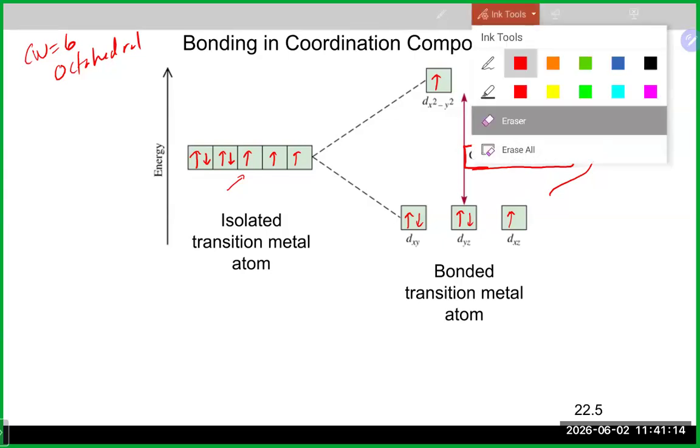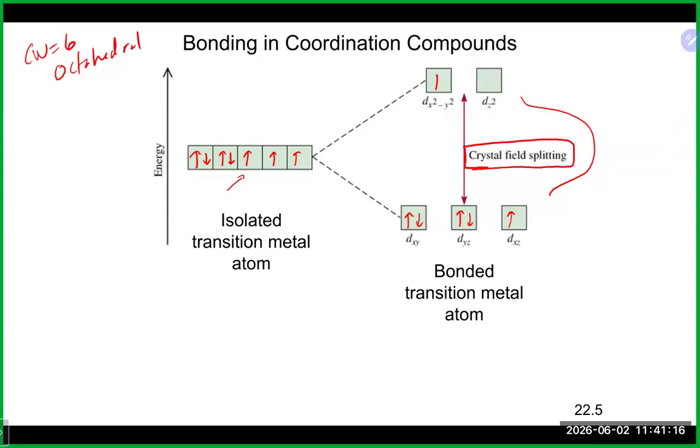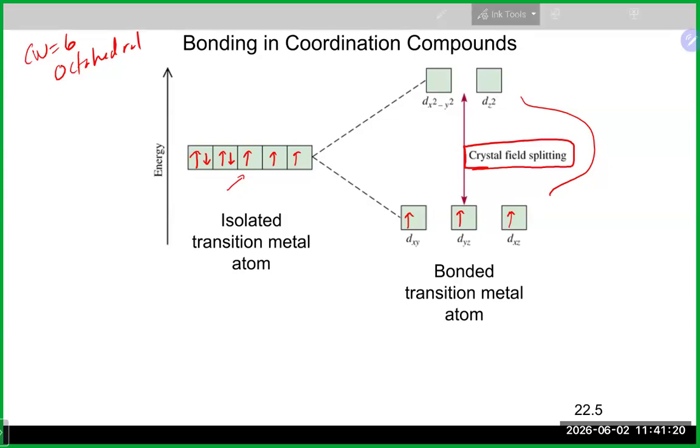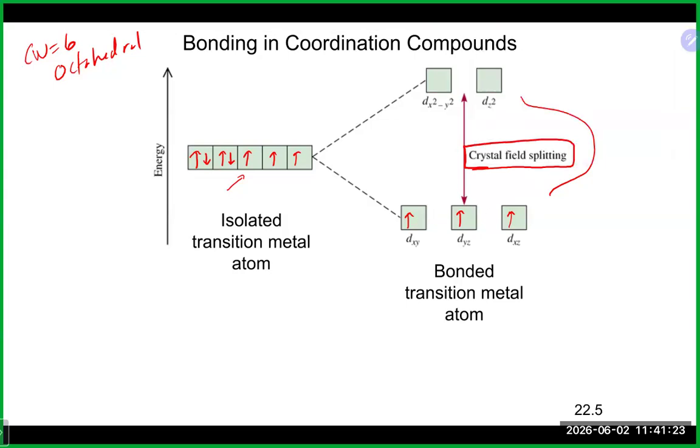Now, in other situations, when the electron gets to the end here, it may look up and go, that's pretty far away. That's a pretty big split in energy. I would rather pair up down here first before I'm forced to go upwards.